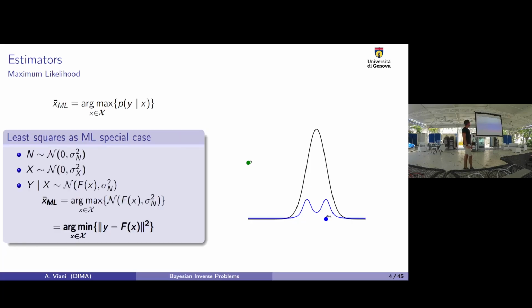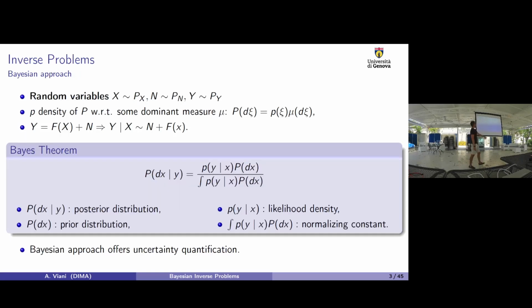These two estimators, the first one, the maximum likelihood. With the maximum likelihood, you are looking at the maximum of the distribution, the likelihood, the distribution of the data given the unknown. So you are looking only at the configurations that maximize your expectations.